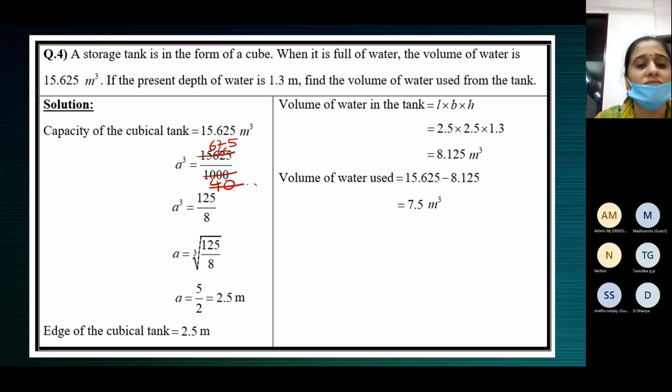Then again the tables of 5. 5 eights are 40. 5 ones are 5. 5 twos are 10. 5 fives are 125 by 8.